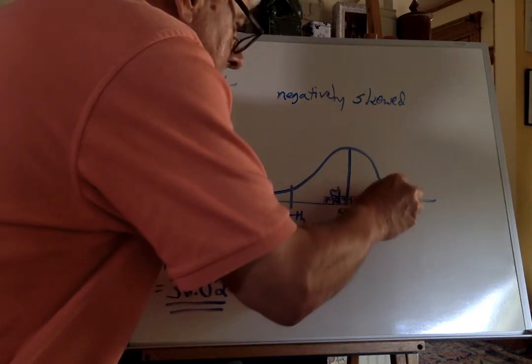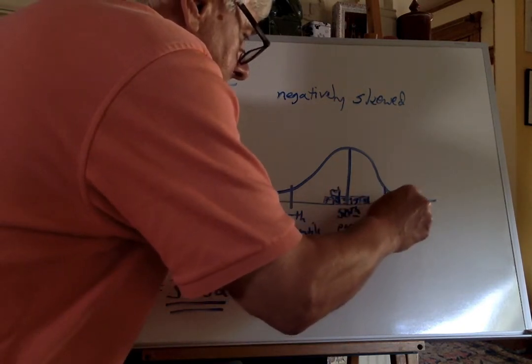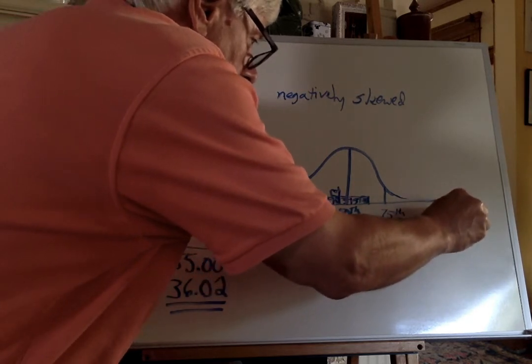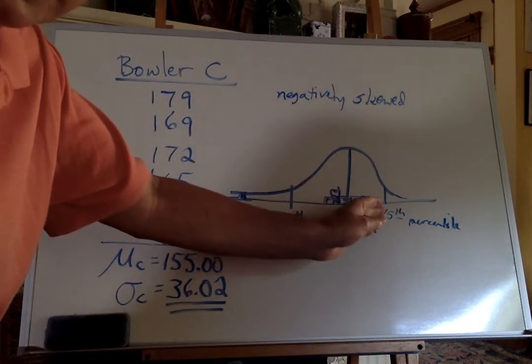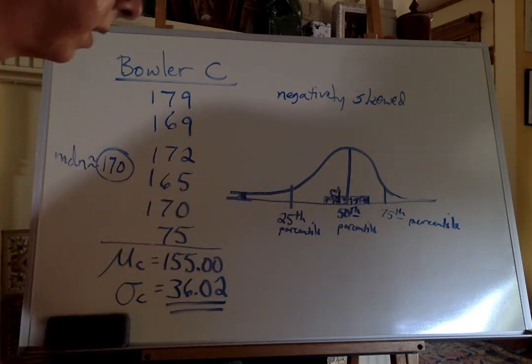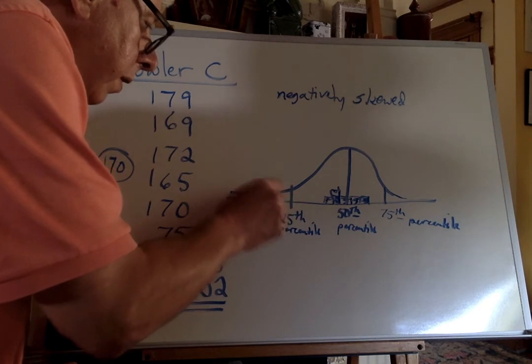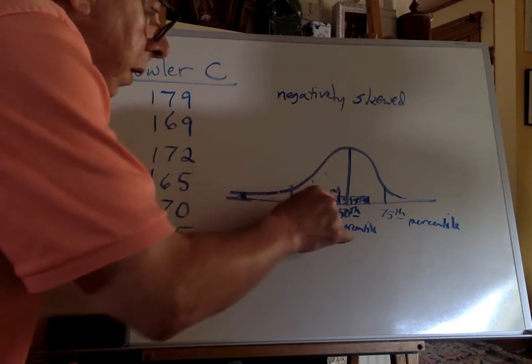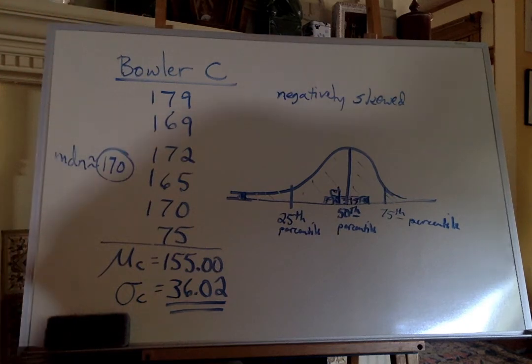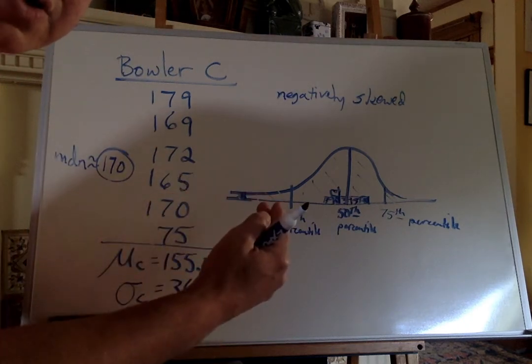We can look at the 75th percentile. That's the place where 75% of the scores fall at or below. And what have we done here? One quarter, second quarter, third quarter, fourth quarter. Okay? We've actually split this up into quarters.